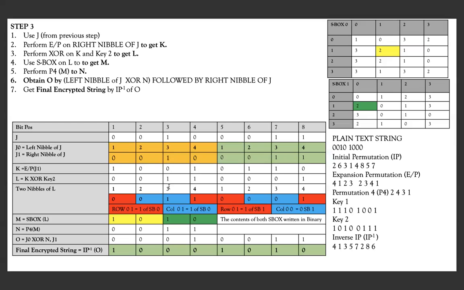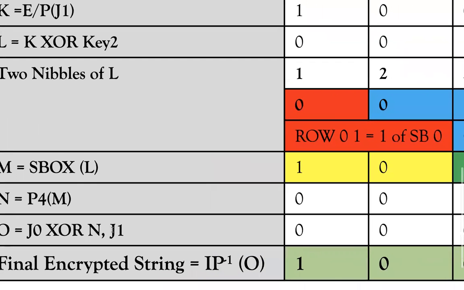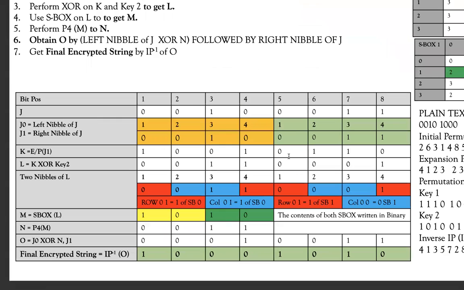Finally, 1, 1, 0, and then 0, 1. This is 1. Okay. I got this part, and the remaining part is J1 written as it is. So J1, this is J1 right here, 0, 0, 1, 1. When I combine these 2 nibbles together, I get a byte, and I will be calling that O.